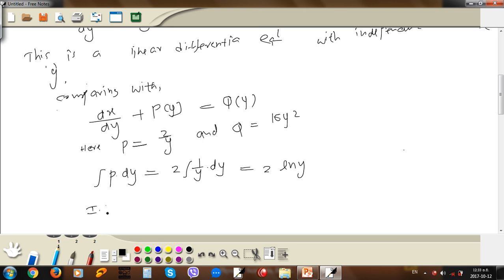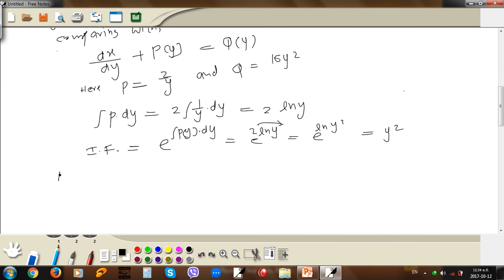Then the integrating factor is e to the power integral of p dy, which equals e to the power 2 ln y. We can write this as e to the power ln y squared, and e to the power ln gives y squared. So our integrating factor is y squared.